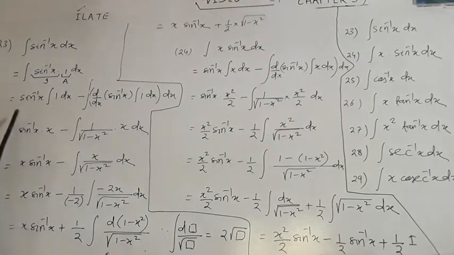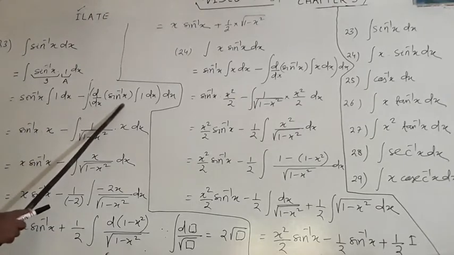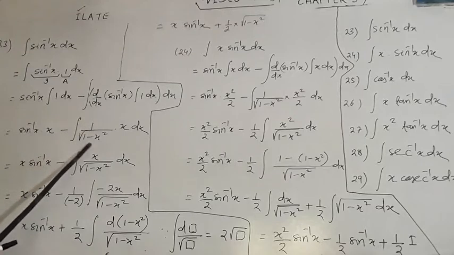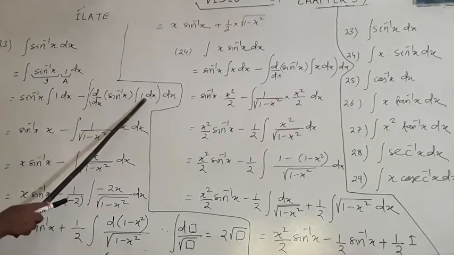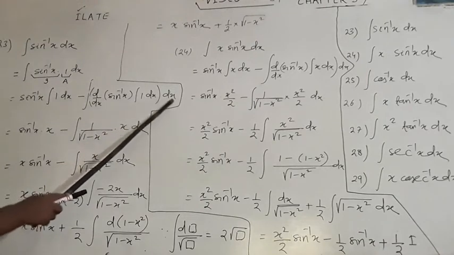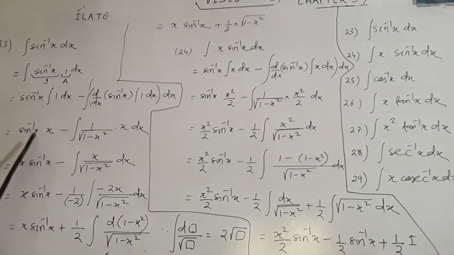Now look at here, sine inverse x. What is the integration of 1 dx? That is x, minus derivative of sine inverse x, which is 1 by root of 1 minus x square, into integration of dx, that is x, into this dx. Now look at here. Keep it in first position: x sine inverse x.